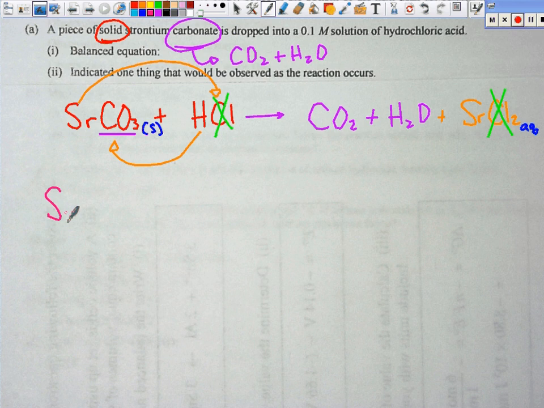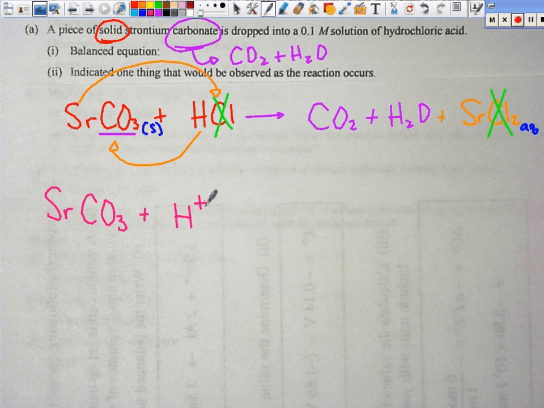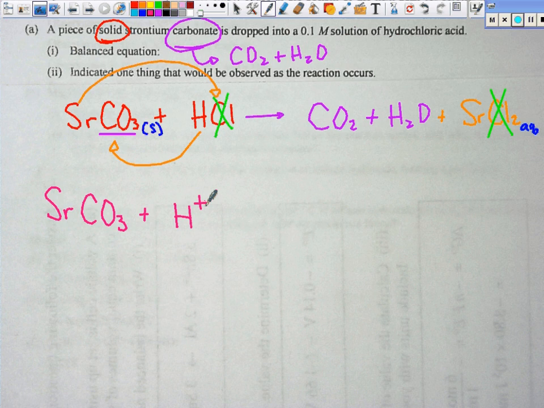And then now we have CO2 plus H2O, and what will be last? Sr2 plus. Now we've got to balance. Very good. All I need is a 2 right here, correct? That's it.